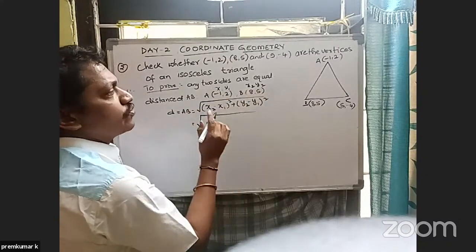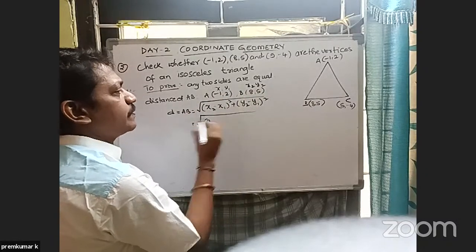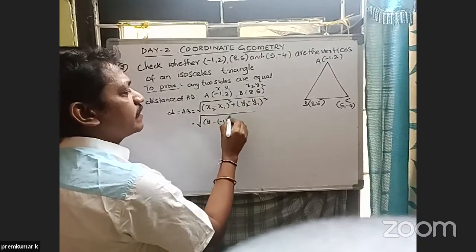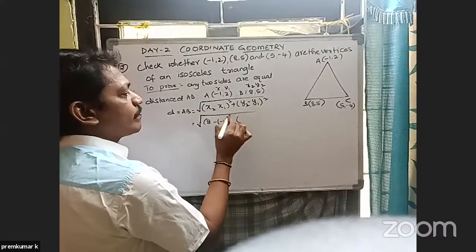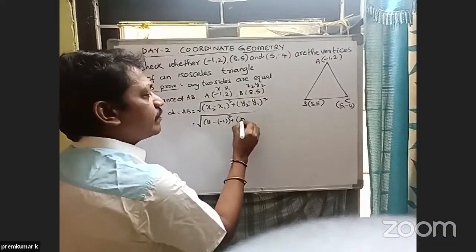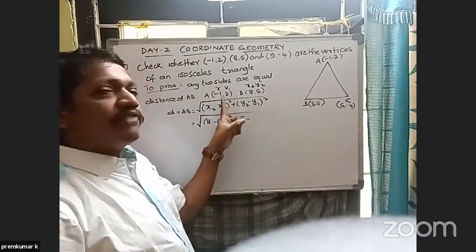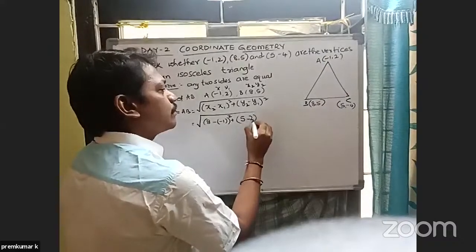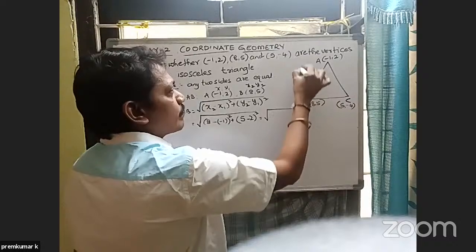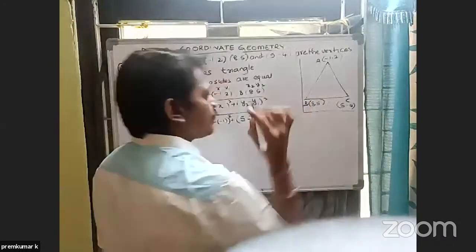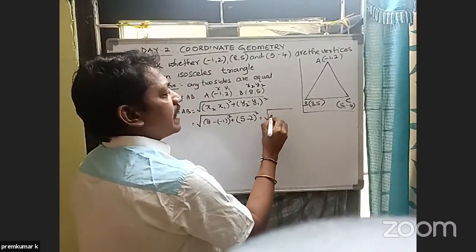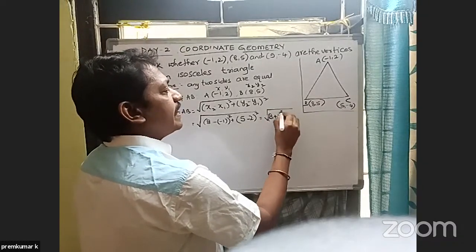What is the value of x2 here? 8 minus x1, minus of -1. Y2 here is 5 minus y1, y1 is 2. Here 8 minus of -1 is plus, 8 plus 1, whole square.